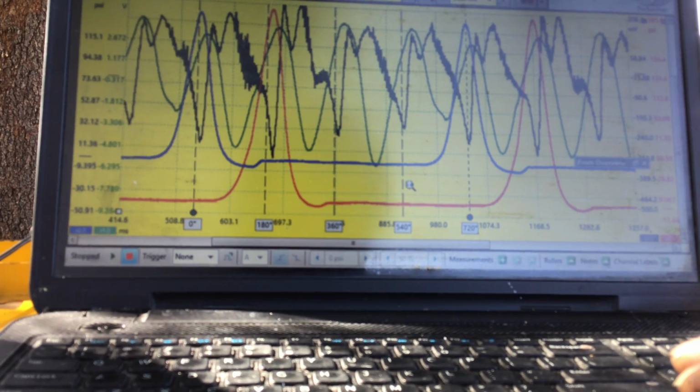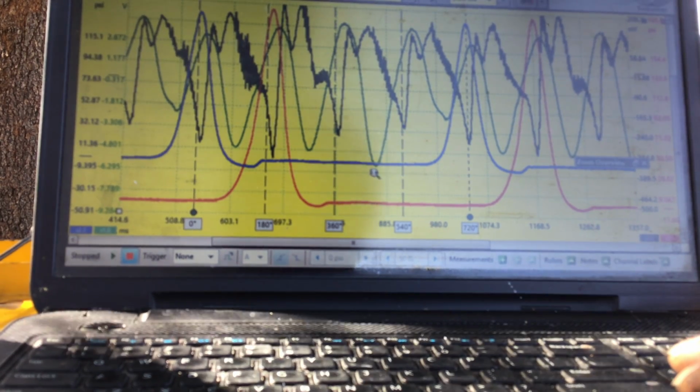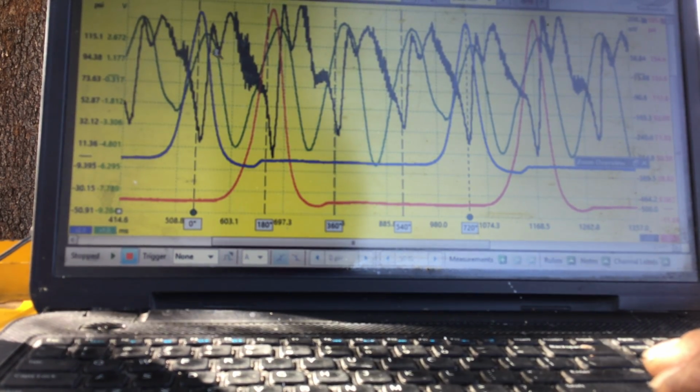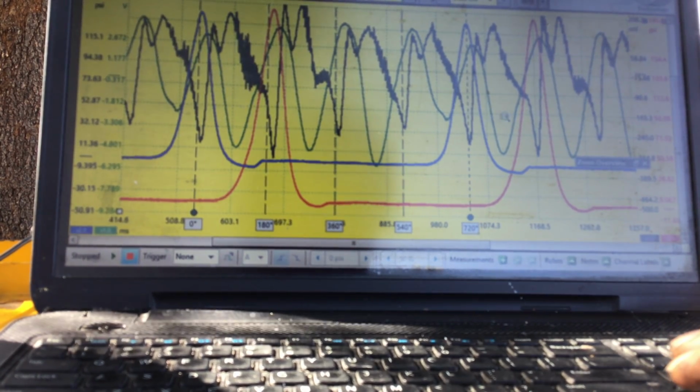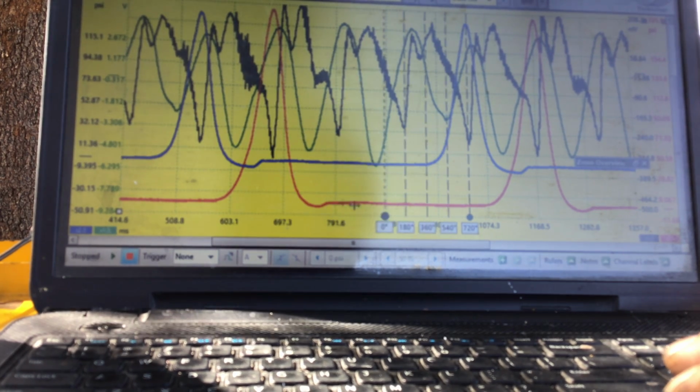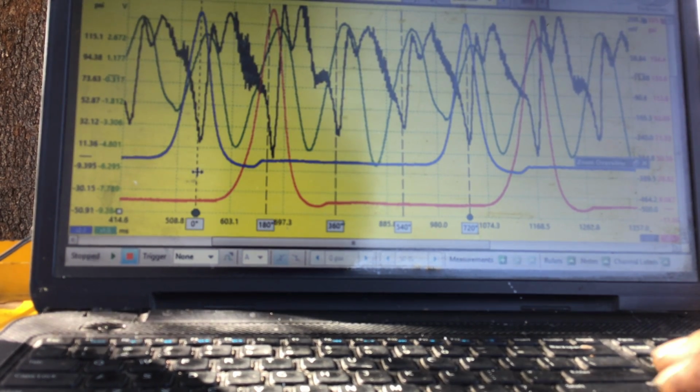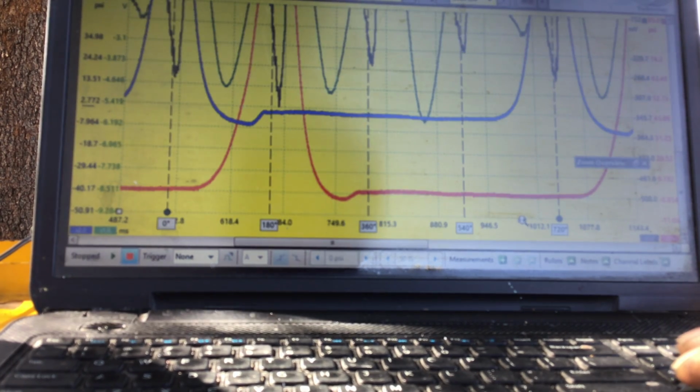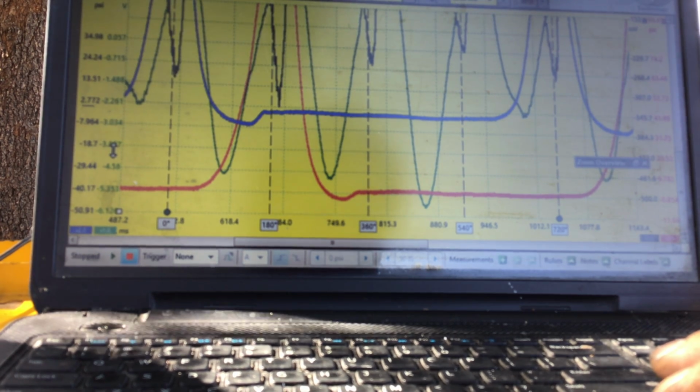So what do we know about the vacuum pulls? We know that the vacuum pull for this cylinder, this would be the running mate of 1. So this is the pull for 4. So it would be 1, 3, 4, 2, 1, 3. Okay? If we notice here, the green has a very, very weak pull as the cylinder's coming up on compression.